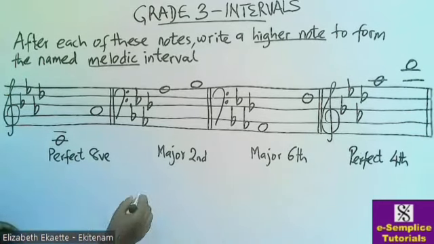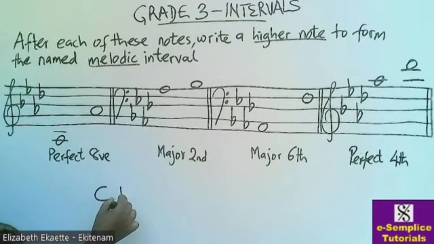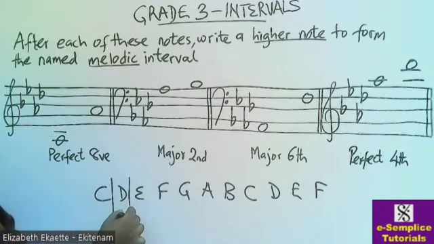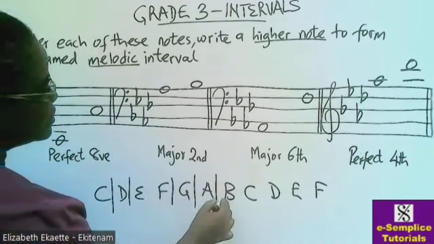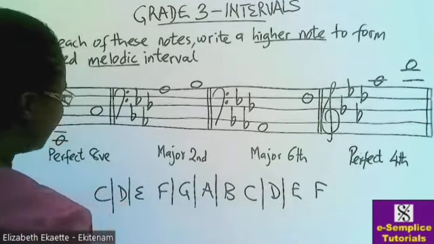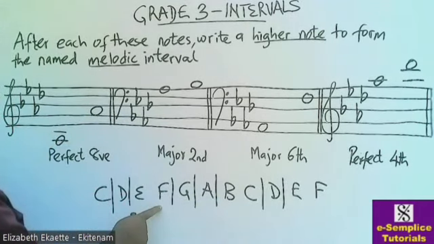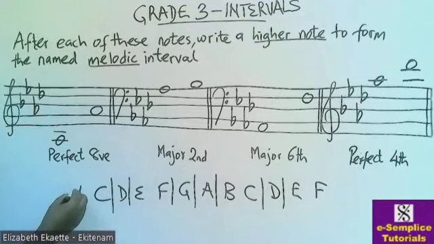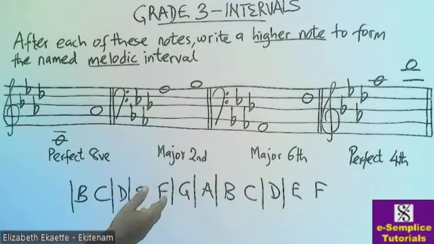So let's go and sketch it together. So we have C, D, E, F, G, A, B, C, D, E, F. I can stop there. So put my black keys on the keyboard. Remember, between E and F, no black key. Between B and C, no black key. E and F again. I can even add a B here and put a flat for B. Now I have my keyboard.